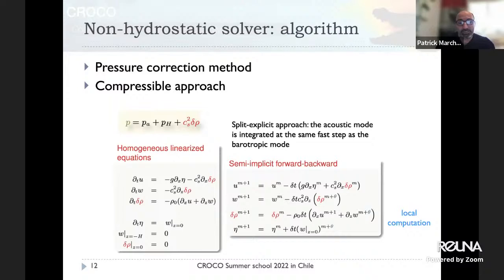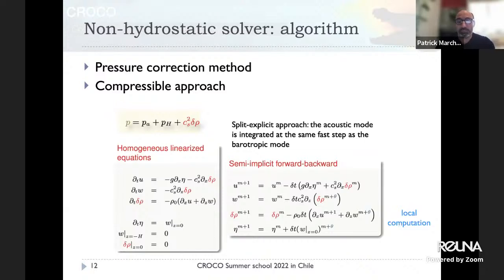And that means that we can solve these equations with the non-hydrostatic terms at a fast step, at the same time step as the barotropic mode.